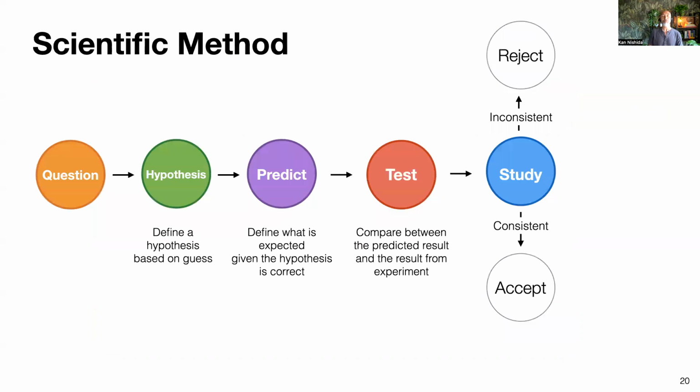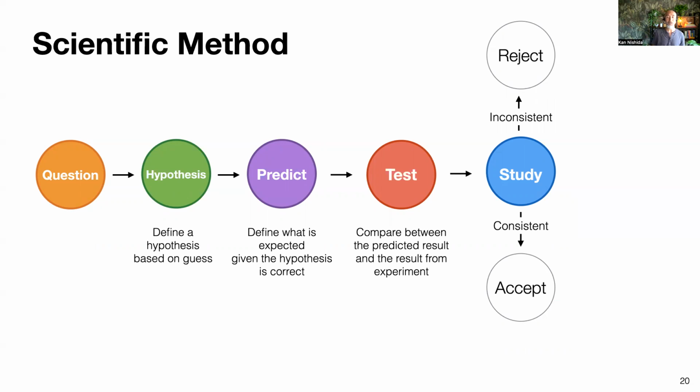In a typical scientific method, it's kind of like this. Basically the same thing: hypothesis, predict, test. That's Richard Feynman's definition of the scientific method. But usually you start with a question, then you define a hypothesis, and then you define what you expect if the hypothesis is correct.